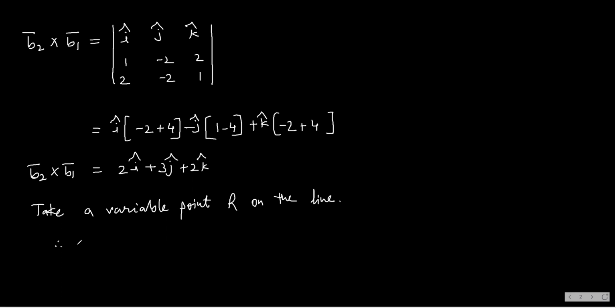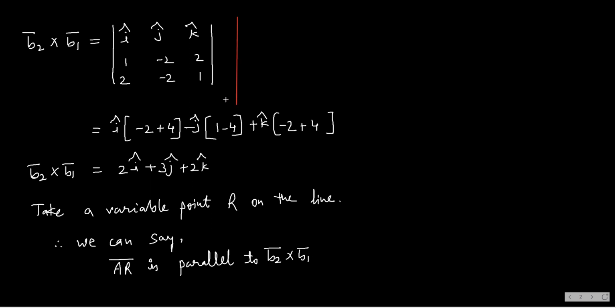Therefore, we can say AR bar is parallel to B2 bar cross B1 bar, right? So if AR bar is parallel to B2 bar cross B1 bar, what does that mean? It means AR bar equals lambda B2 bar cross B1 bar.